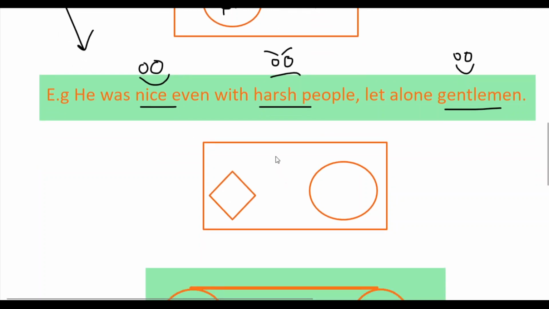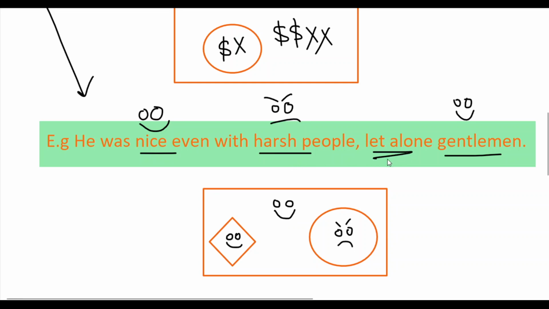So this guy is overall nice to people, even to the people who are harsh, let alone people who are nice just like him and who are calm and gentle. So in this case, "let alone" is being used as something which is already in the equation, something which is already considered.